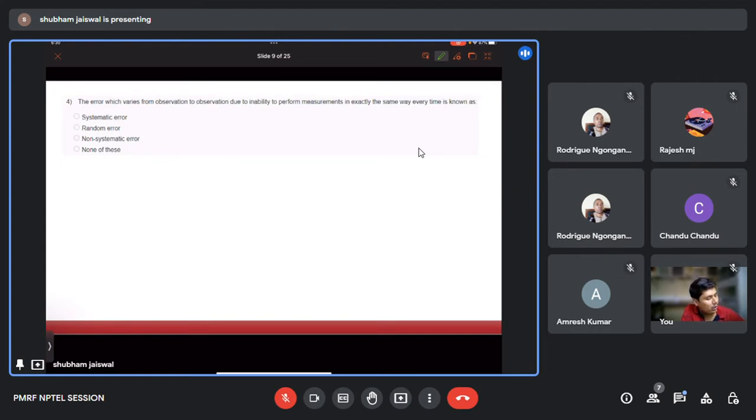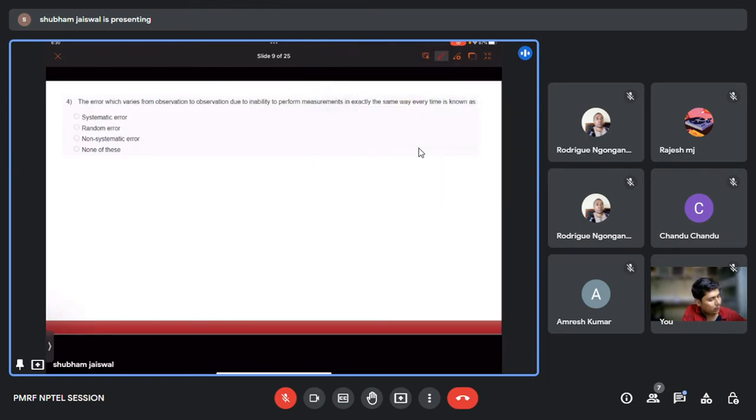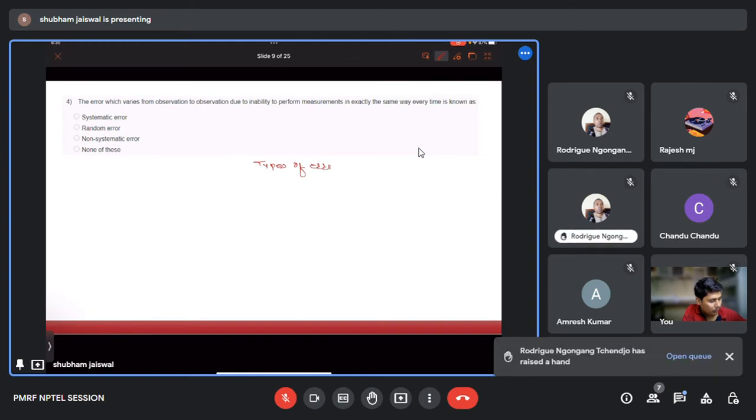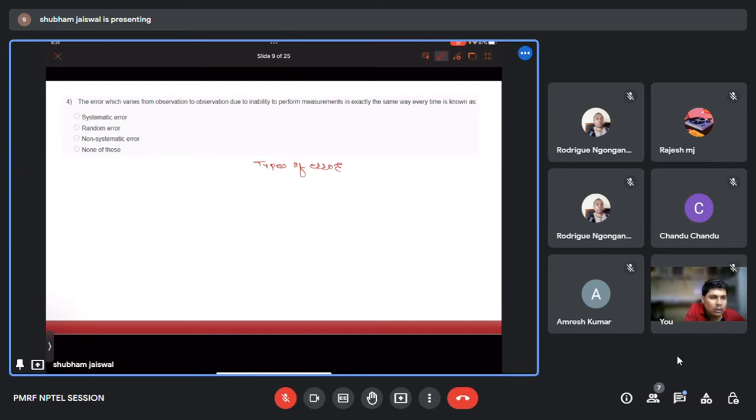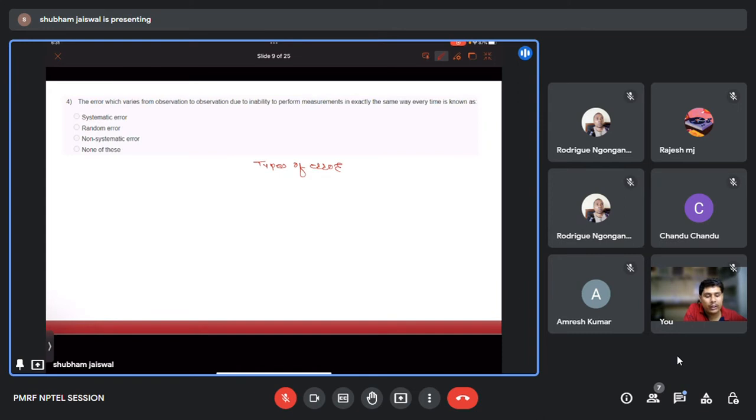In types of error, we have seen two types of error. One is systematic, and the second one is random.